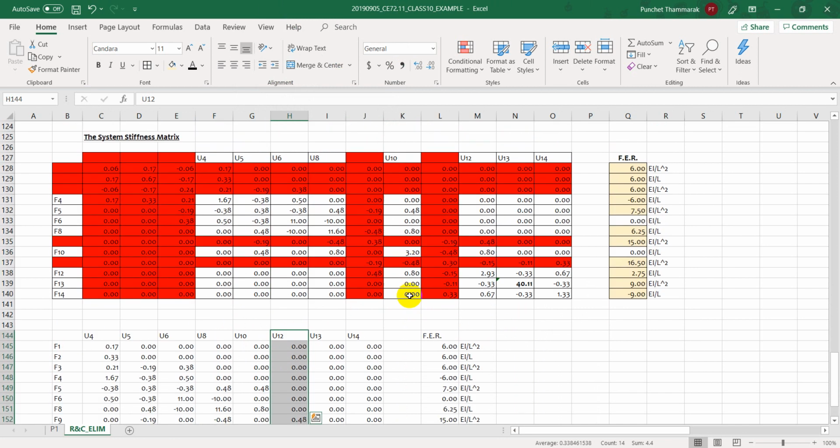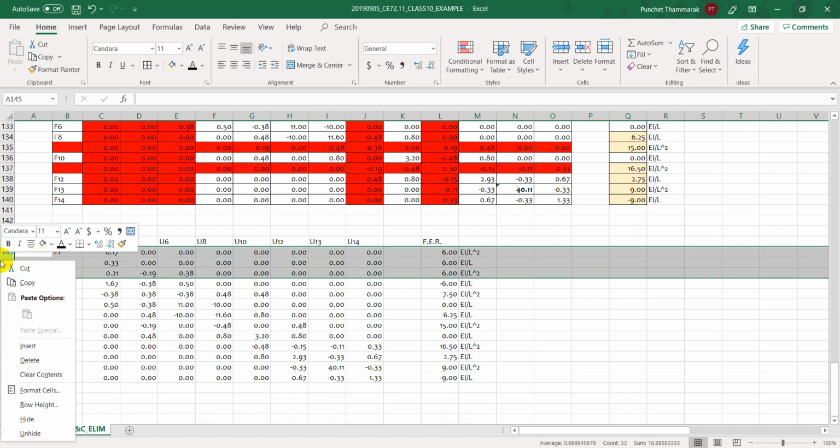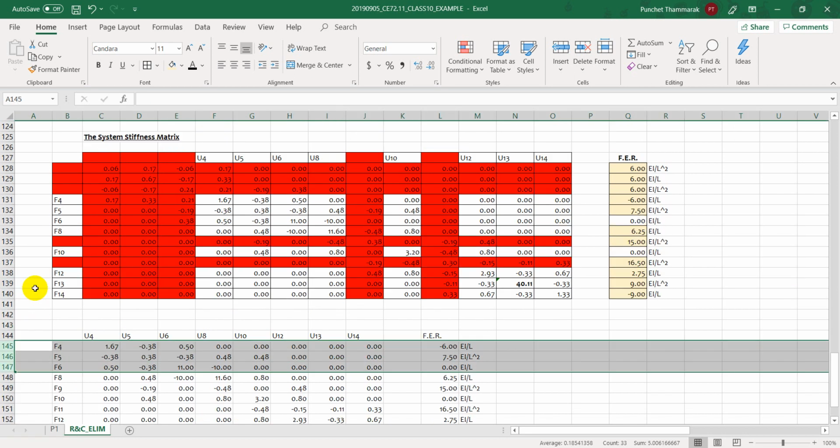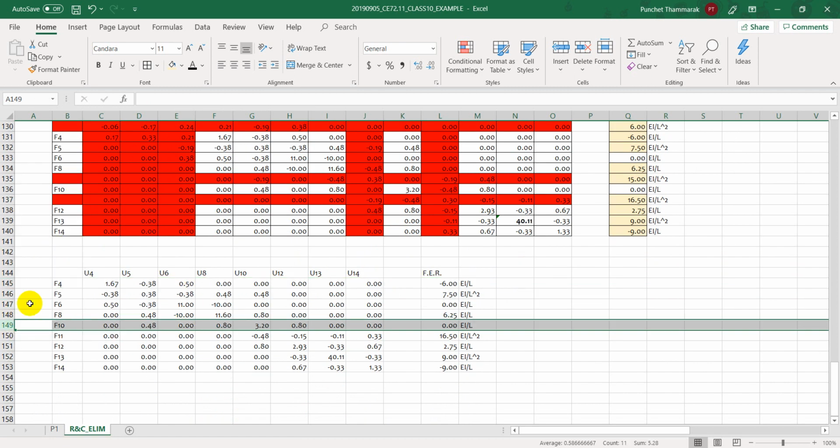Okay, so we have those which are relevant: 8, 10, 12, 13, 14. Great. 1, 2, 3 has to be gone. 1, 2, 3 gone. 9 and 11 delete.